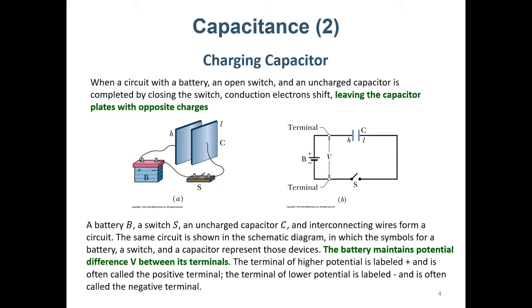So here we consider how to charge a capacitor. When a circuit with a battery and an open circuit and an uncharged capacitor is completed by closing the switch, conducting electrons shift, leaving the capacitor plates with opposite charge. So we can have a battery, and then we have a switch, and then the parallel plates.